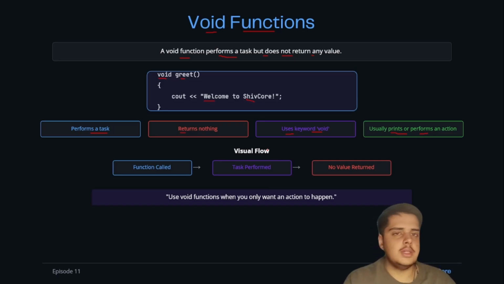So void functions are used to print something directly or to perform an action. So the function is called, the task is performed and no value is returned, that is the flow of void functions. So use void functions when you only want an action to happen.